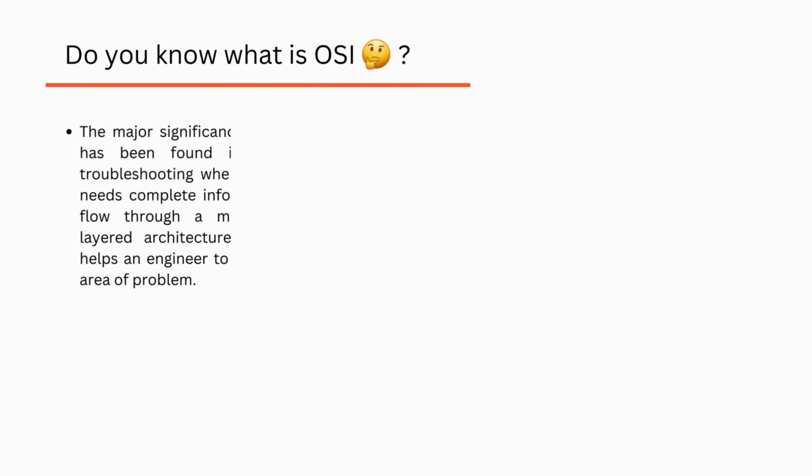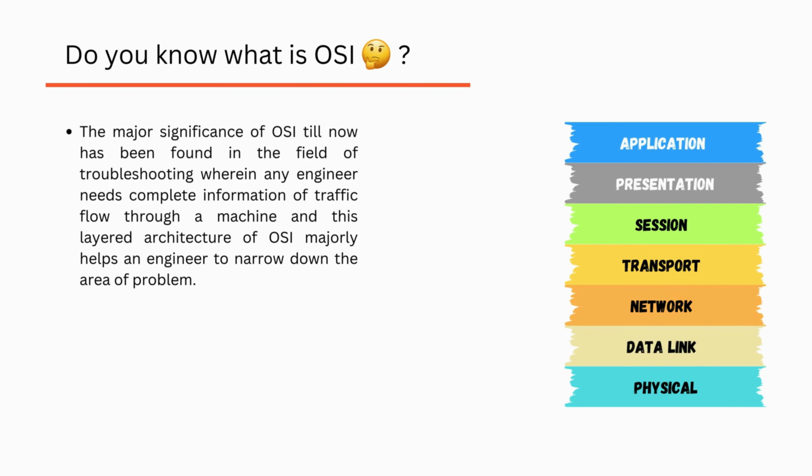So the major significance of the OSI model till now has been found in the area of troubleshooting. Whenever we are stuck in any problem in the network or in a machine, we need the help of the OSI model to understand the area of the problem. In clear terms, we need to understand where the problem lies. So these 7 layers in the OSI model help us to check where the problem is.